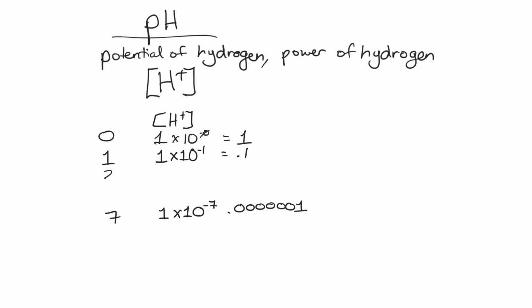Do you notice as we go down, as we increase each pH by 1, we decrease the concentration of hydrogen ions by 1/10? So you could actually do this for the entire pH scale.